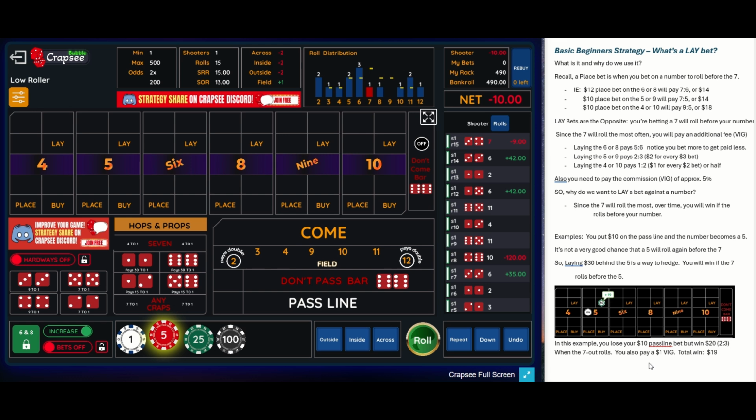The beginner strategy on understanding what a lay bet is, what the VIG is, what the payouts on the lay bet are, when and why you would use them, and coming up, I'll show a couple videos of strategies that do use lay bets.